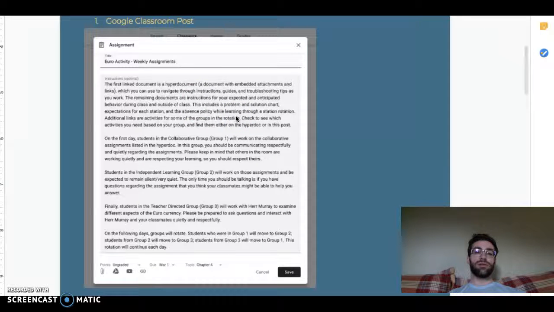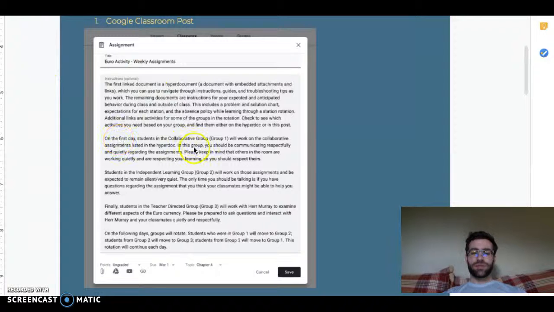So that could be the weekly instructions. It could be the troubleshooting guide, the absence policy, or even the expectations of what each station should be doing.